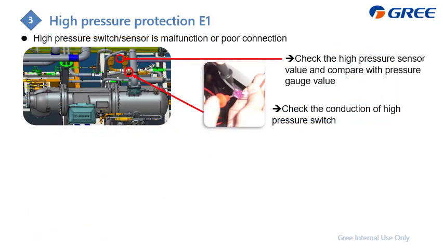Here are the details. First is to check whether the high pressure switch or the sensor has a malfunction or poor connection. For the switch, just check the conduction. And for the sensor, just the same as previously, compare the pressure gauge with the display value.